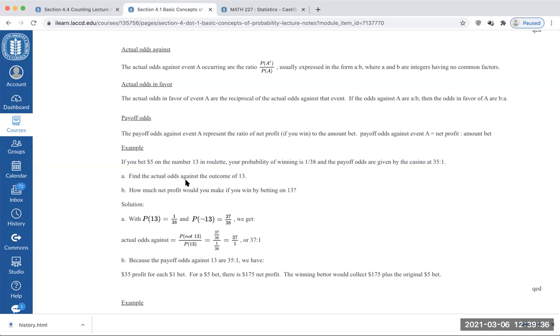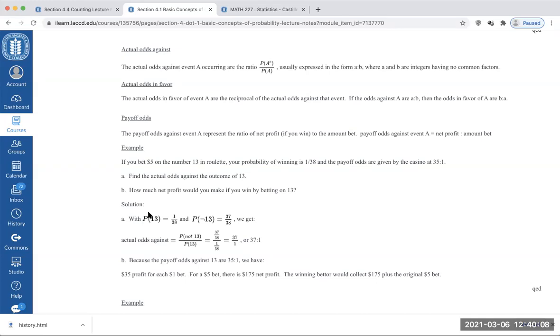Find the actual odds against the outcome of 13. And how much net profit would you make if you win by betting on 13? So let's find first the actual odds against the outcome 13. Let's find the probability of having the ball fall into the slot labeled 13.